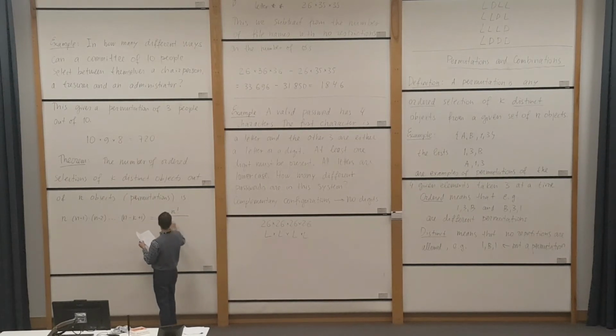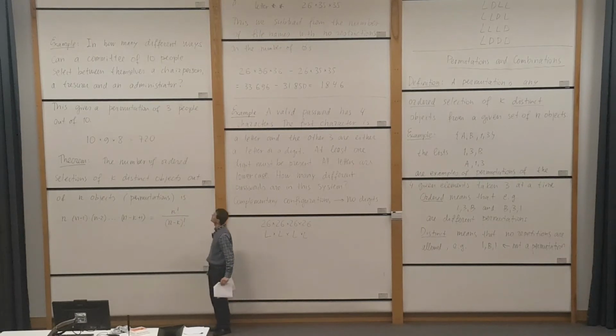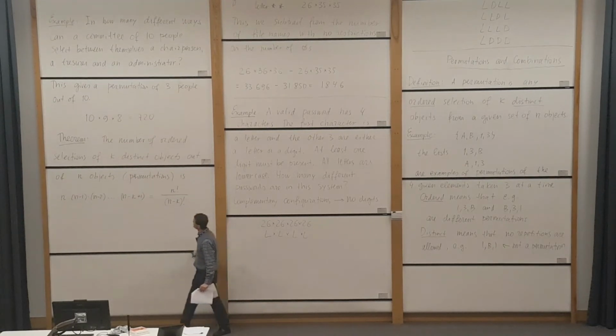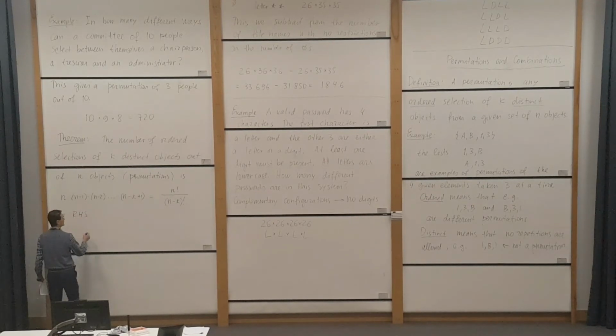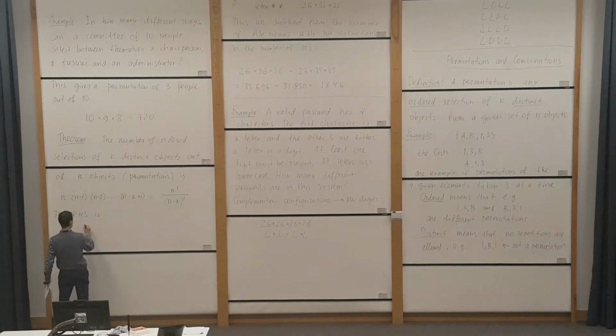So it's n factorial over n minus k factorial. Let me explain why this is true. The right-hand side is n factorial over n minus k factorial.